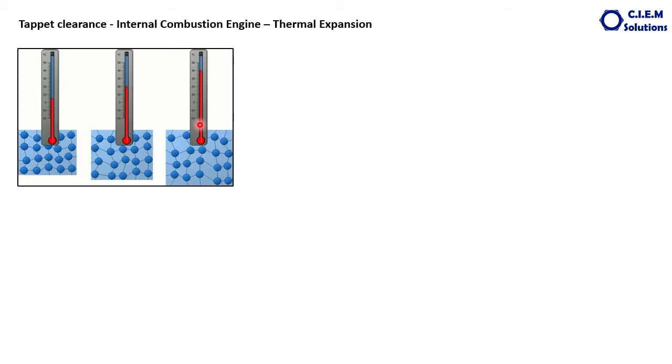Then the metal is further heated to 40 degrees, that is a temperature increase by 35 degrees. Then the molecules inside the metal have moved further apart from each other, occupying even more volume.